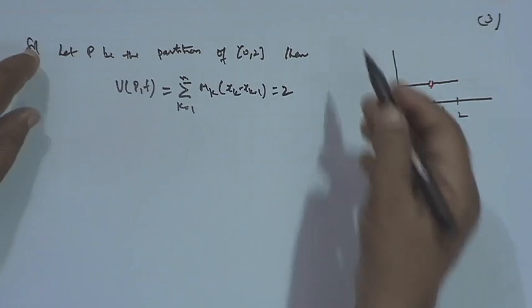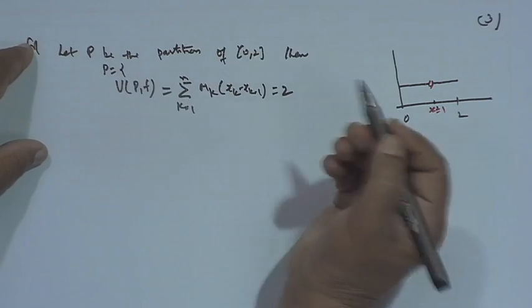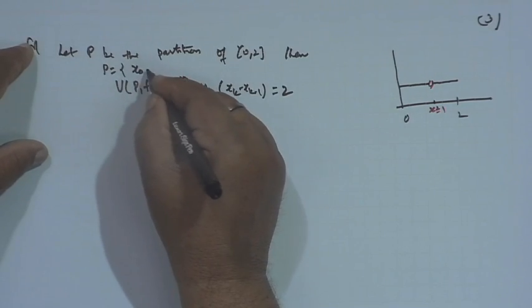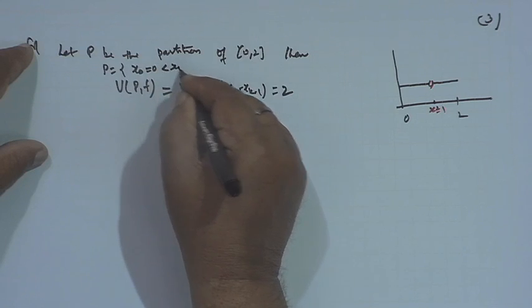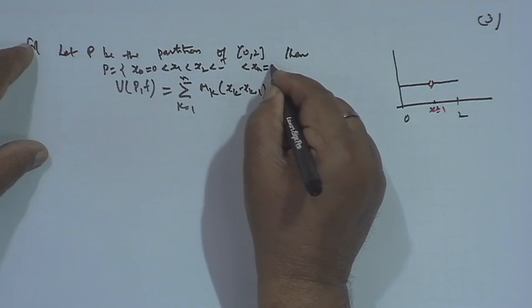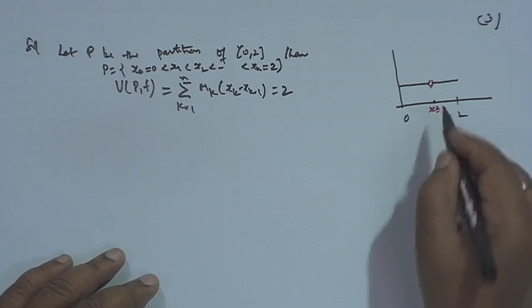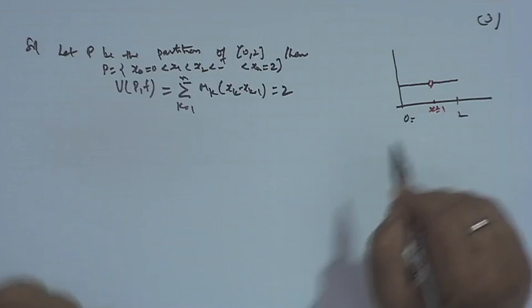Why? Because P is a partition, x_0 equal to 0, less than x_1, less than x_2, less than x_n, which is equal to 2. In between there is a point 1 also. So, we can have the partition like this.